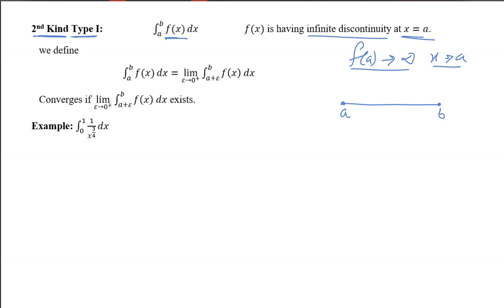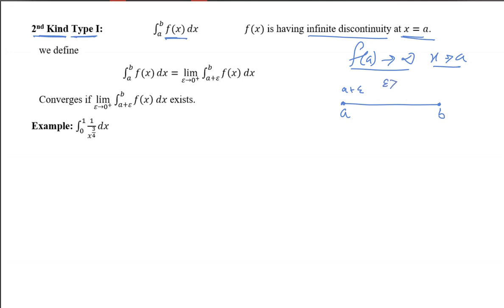So how can we exclude this point? We take some value just after a, and start from a plus epsilon. What is this epsilon?